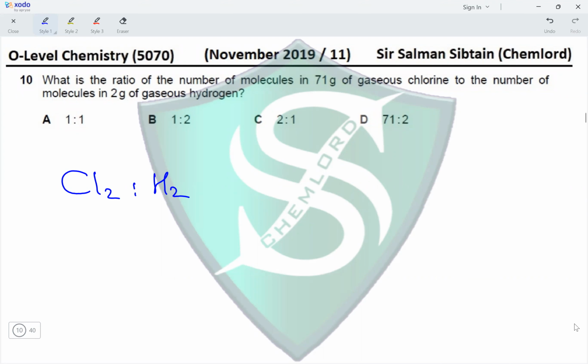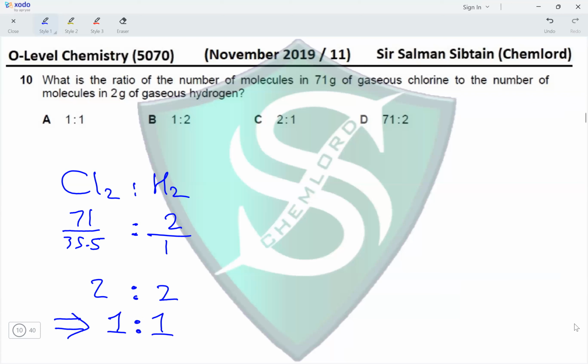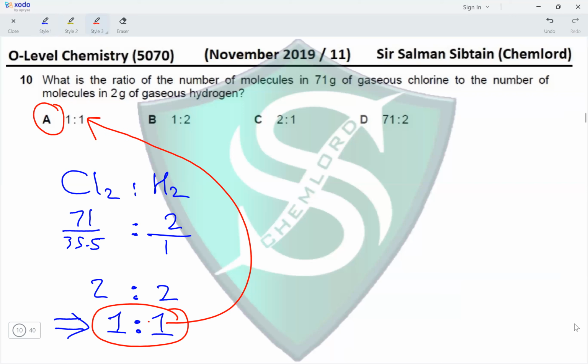So in the case of chlorine, we divide 71 by 35.5, mass upon Ar, and in hydrogen we divide 2 by 1, the Ar of hydrogen. This gives us a value of 2 is to 2 for chlorine and hydrogen, which is the same as the ratio 1 is to 1. This makes option A the correct option for this question.